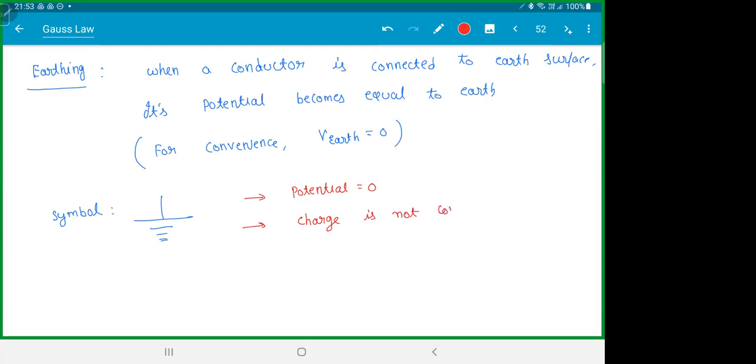Charge is not conserved on a system which is earthed. Clear?